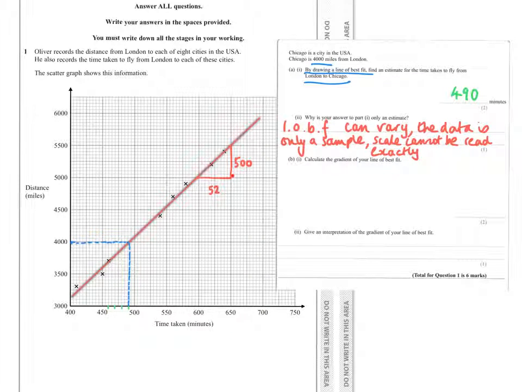It doesn't really matter as long as it's a little bit more than 50 and a bit less than 55, that's fine. And then you've got 500 here because I chose this point to be one part of my triangle because it intersected on 2 grey lines. So I did the distance and then divide that by the time.